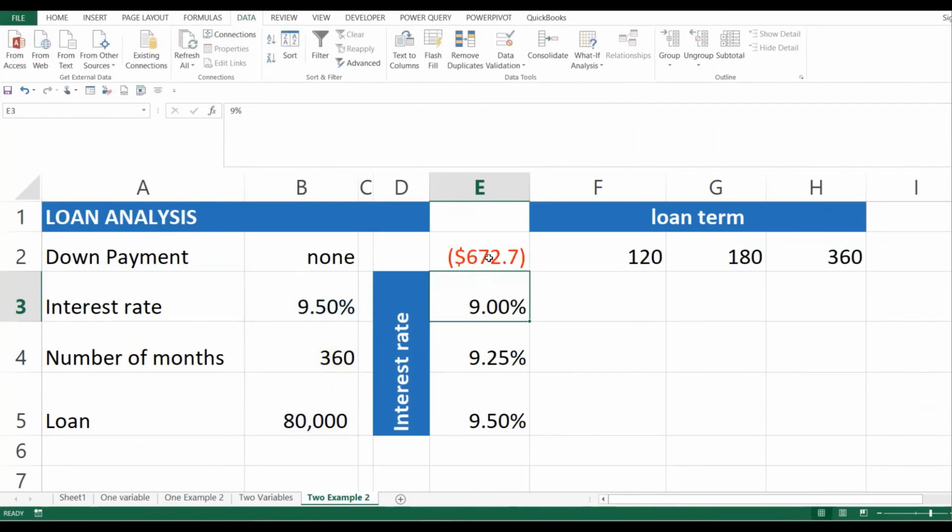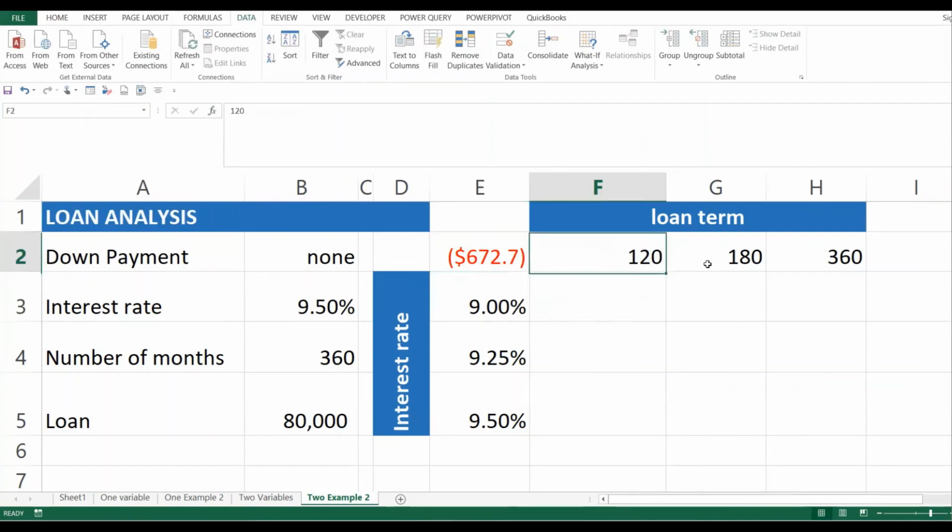So what it is telling me is that if my loan is 80,000 for 10 years at the interest rate of this, I'll be required to pay this per month.